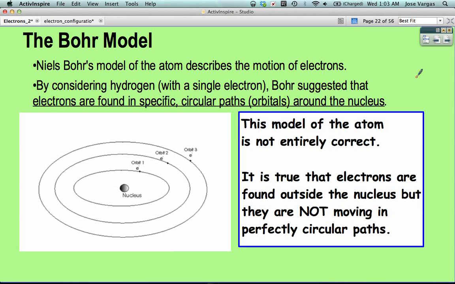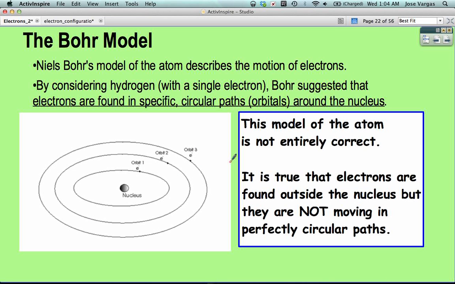Now, the Bohr model, which came before the quantum model, describes the motion of the electrons. Bohr studied this using hydrogen, and he suggested that electrons are found in specific circular orbits around the nucleus. It's not entirely correct.